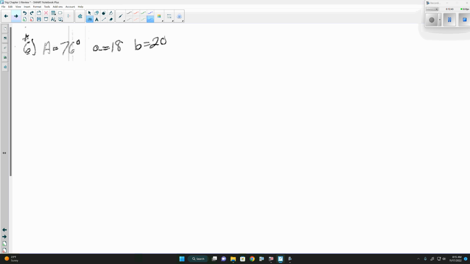Here it's less than B. So that gives us one of 3 choices, A and B sine of A. And it's looking at how these two relate. Which one's going to be bigger, or are they equal? So A is 18, B sine of A is 20 sine of 76.